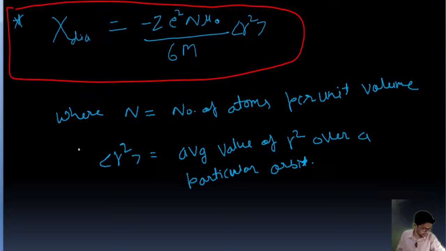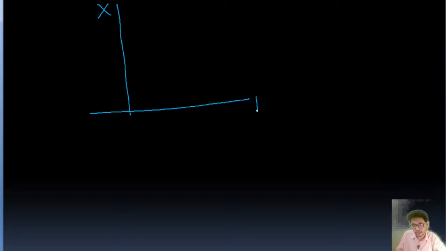Okay, and if you draw the graph of chi versus T, temperature, for diamagnetic material, it is going to be like this, a constant value.